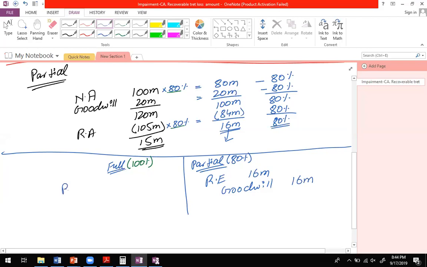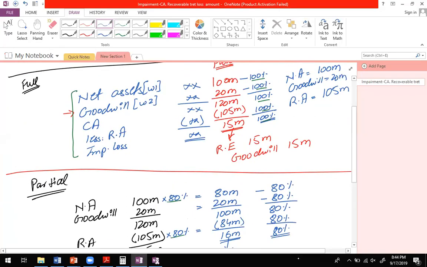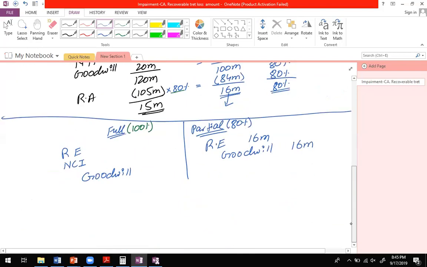So when there is no loss to NCI, why allocate to them? However, in case of full goodwill method, we are going to make the entry as the goodwill credit and the retained earnings and NCI debit. The loss that we had calculated was actually $15 million. So the entry we are going to make is $15 million of the goodwill credit. 80% of that is going to be allocated to the parent and 20% will be allocated to NCI.